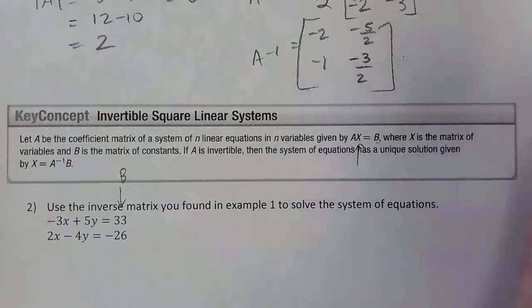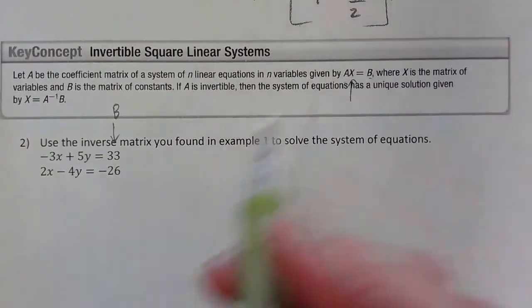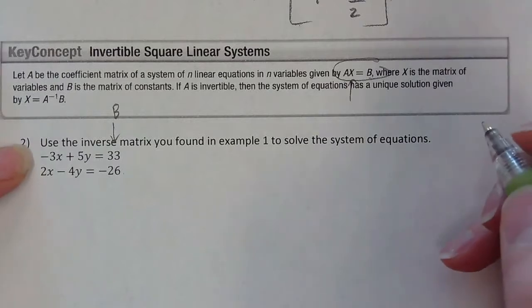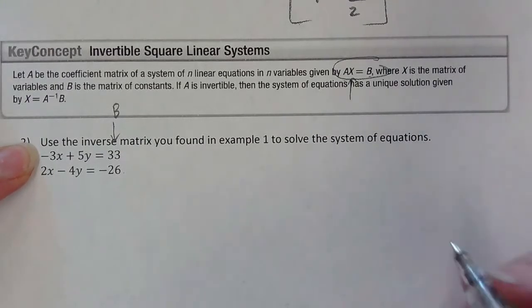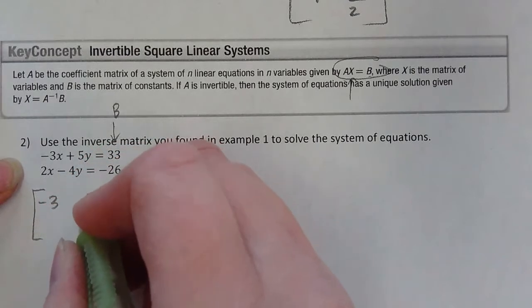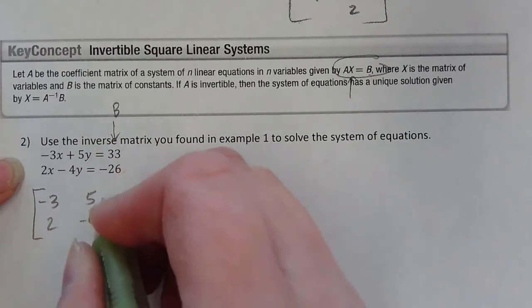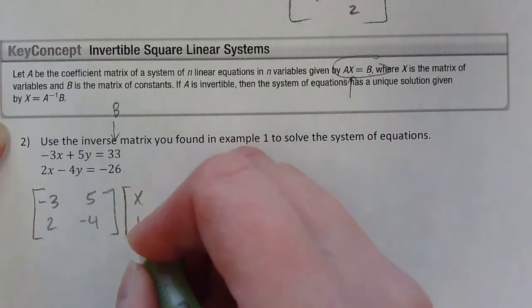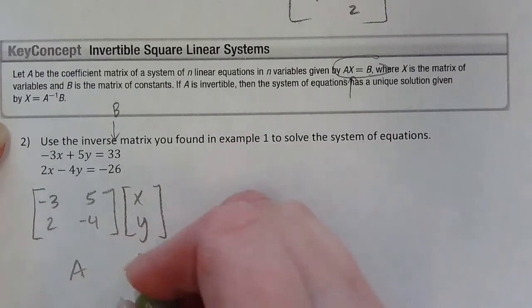So let's just go through and kind of look at how this system of equations correlates to this first. So if I am going to write my system with my coefficients, I'd have -3, 5, 2, -4, and I don't know my xy. So I'm going to write my xy right here. That would be like the x I'm solving for.